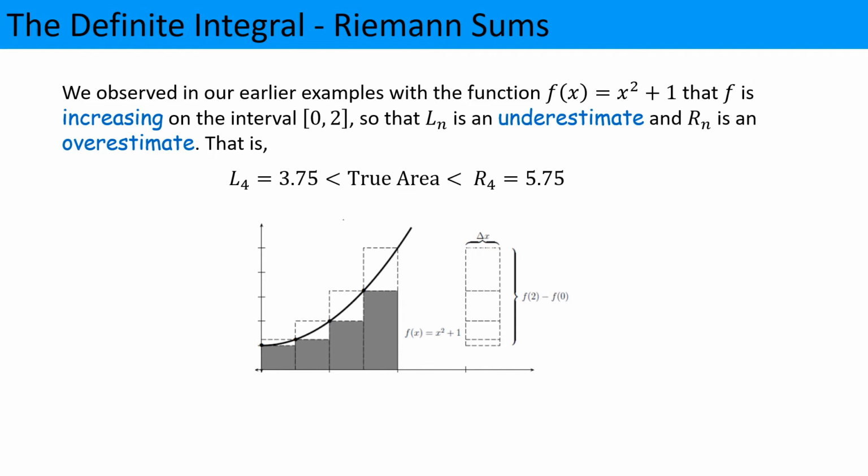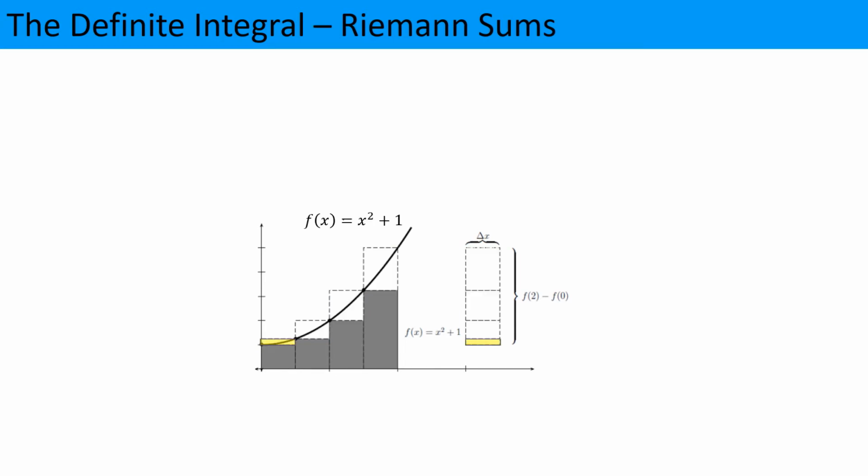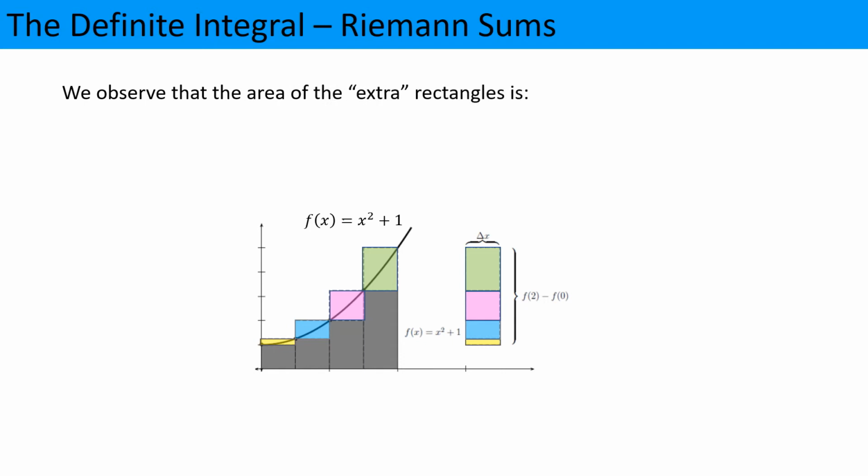Let's observe that those gaps together, if we add them up, give us an entire rectangle of possible error. So let's look at our rectangle and note that the area of the extra rectangle is f of 2 minus f of 0 times delta x.